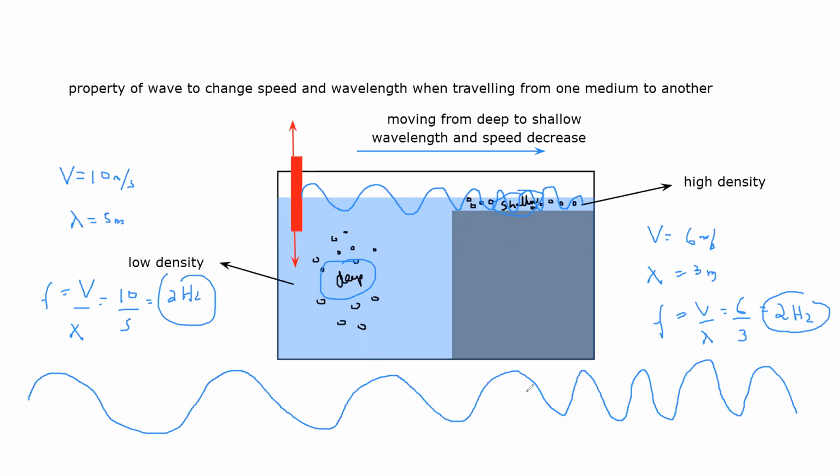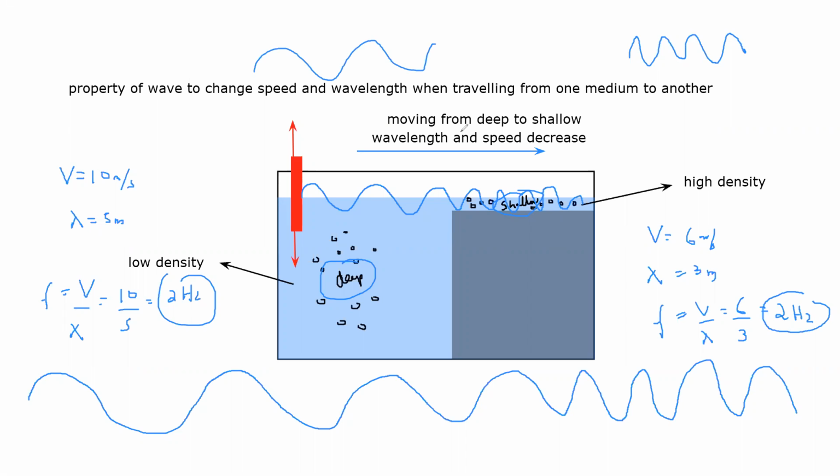So whenever a wave travels from deep to shallow, it changes its speed and its wavelength, but it does not change the frequency. Looking at this figure, it may appear that these two waves are closer and these waves are far apart. But the number of waves per second does not change.